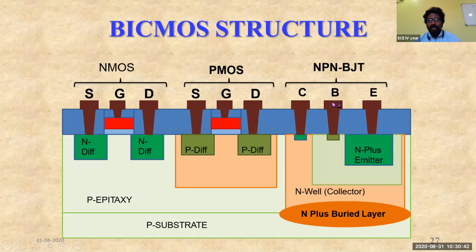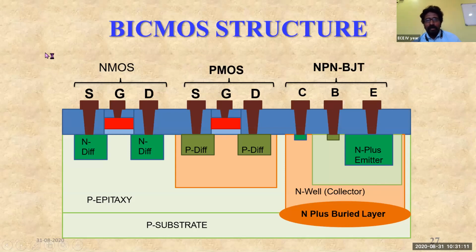The base has been created in the N well collector, and within it another region has been created, the N plus emitter, which is mostly used for the emitter part. And this entire NPN design has been built upon the N plus buried layer, just as we have seen about the fabrication of this NPN BJT in the previous slides.